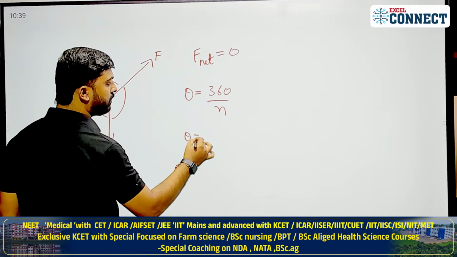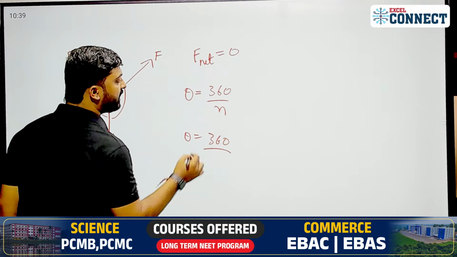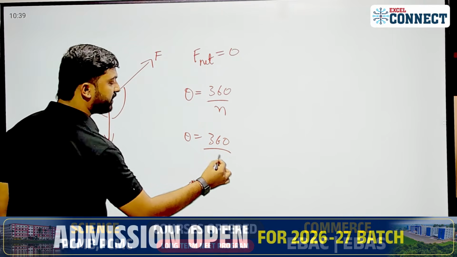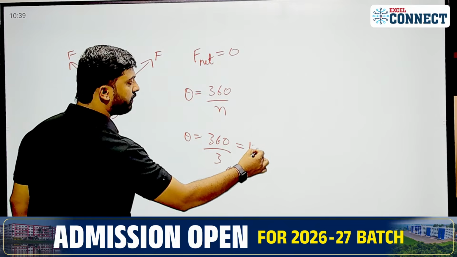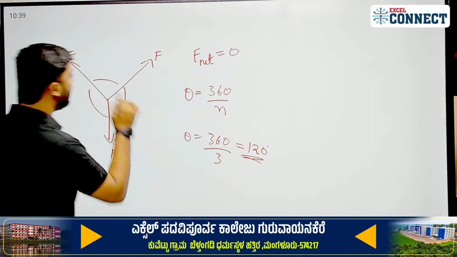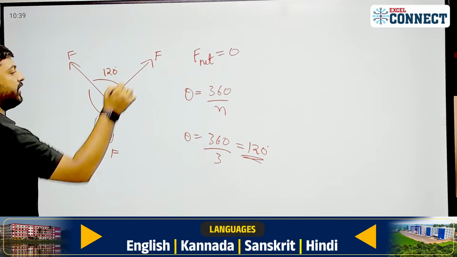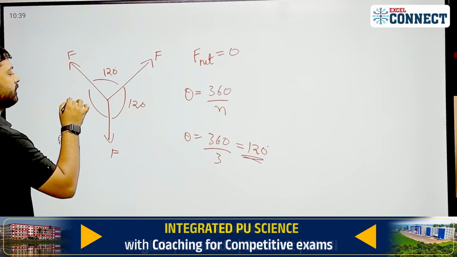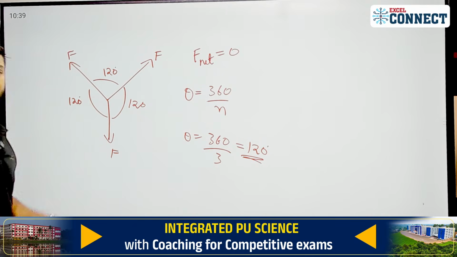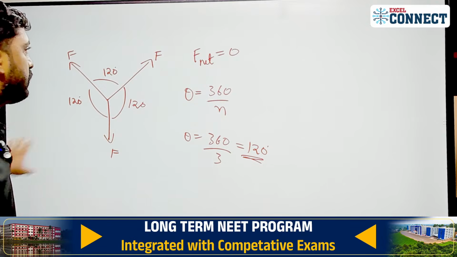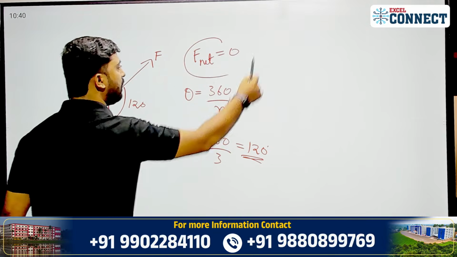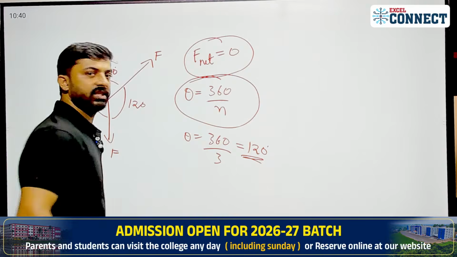So theta is equal to 360 divided by n, where n is the number of forces. Here it is 3. So 360 by 3, it is 120 degree. So if the angle between any 2 forces is 120, okay, then net force is 0. So to get net force 0, it should satisfy this condition, 360 by n.